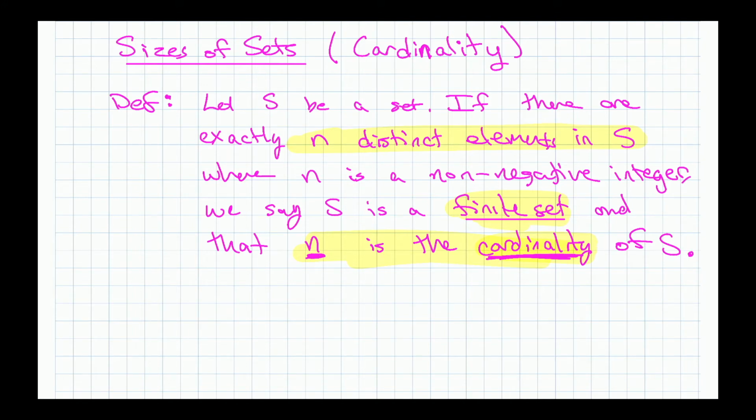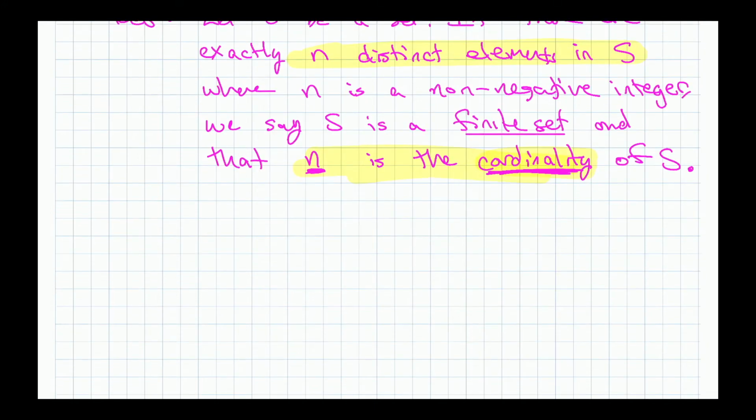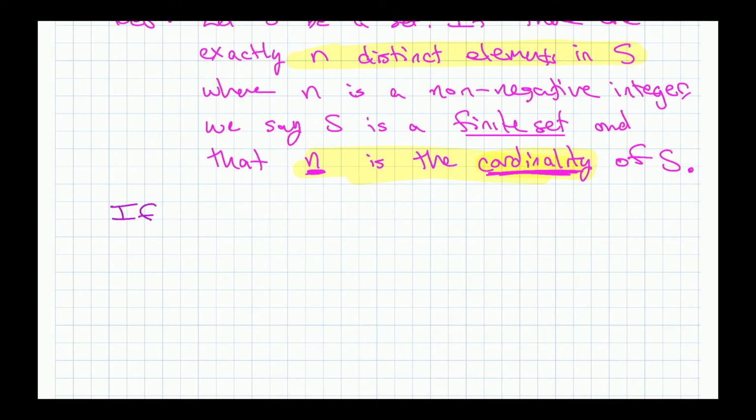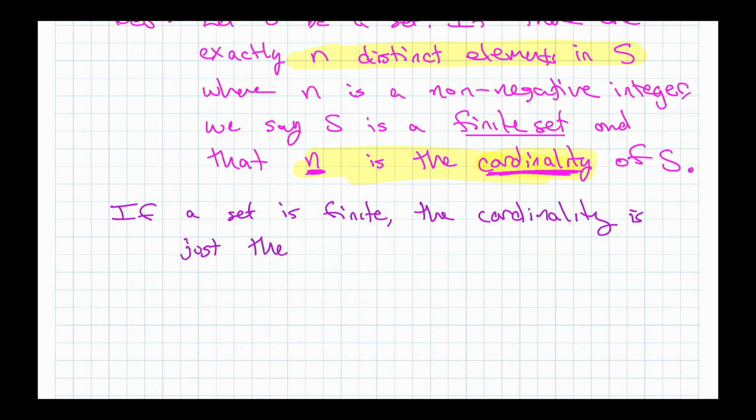This is just a fancy way of saying, if a set is finite, the cardinality is just the number of elements. So you just count. Cardinality is just the number of elements. It's the size of the set.